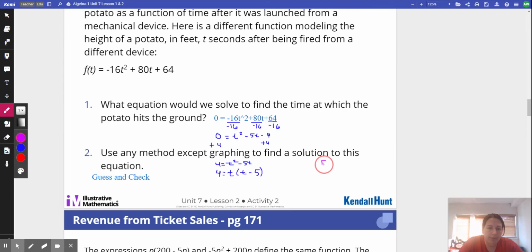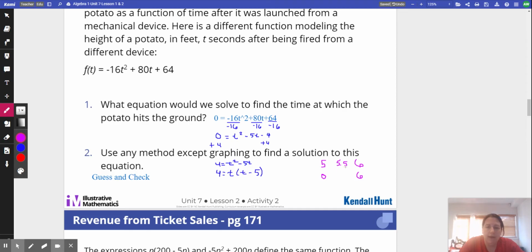So let's go halfway between there and try 5.5. When we plugged in 5, our output was 0. When we plugged in 6, our output was 6. I know 4 is between 0 and 6.